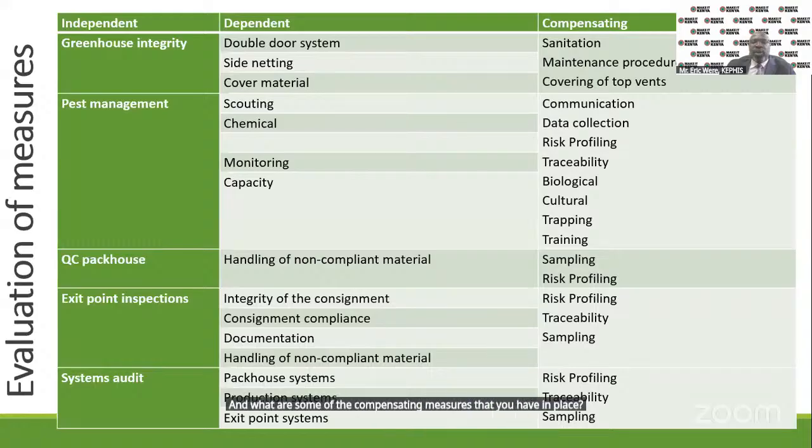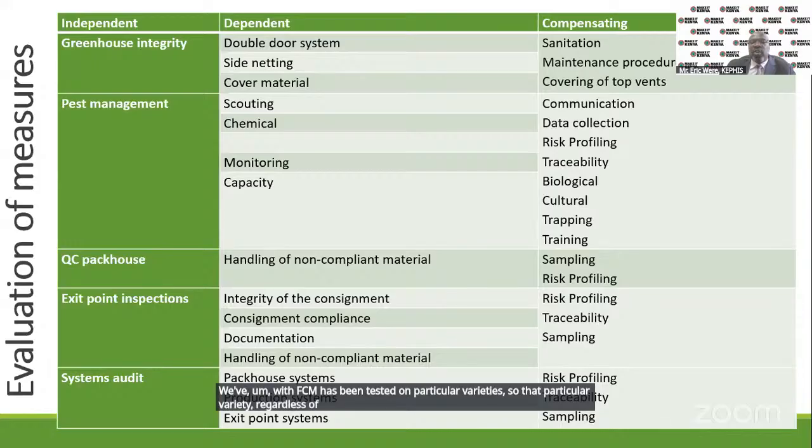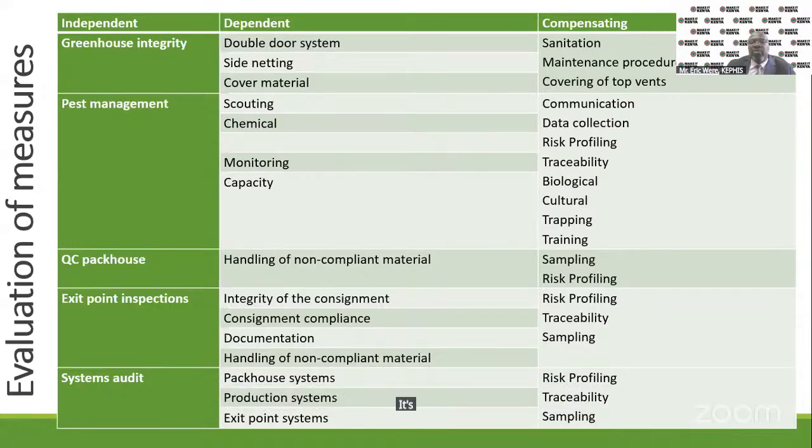At the exit point, the inspector still does risk profiling of your flowers based on what they have been able to detect. If FCM has been detected on particular varieties, that particular variety, regardless of where it is coming from, is normally risk profiled.